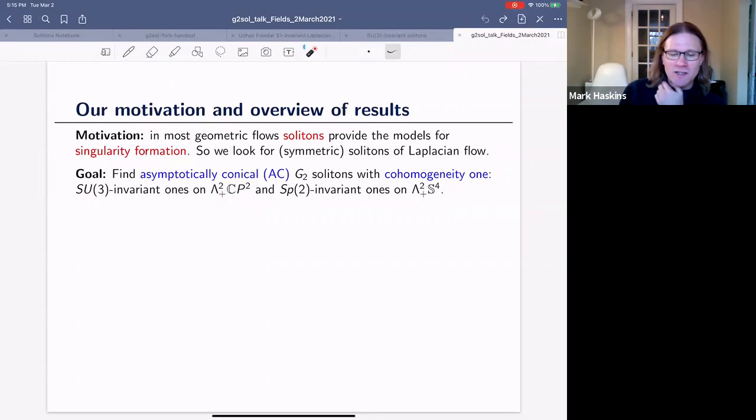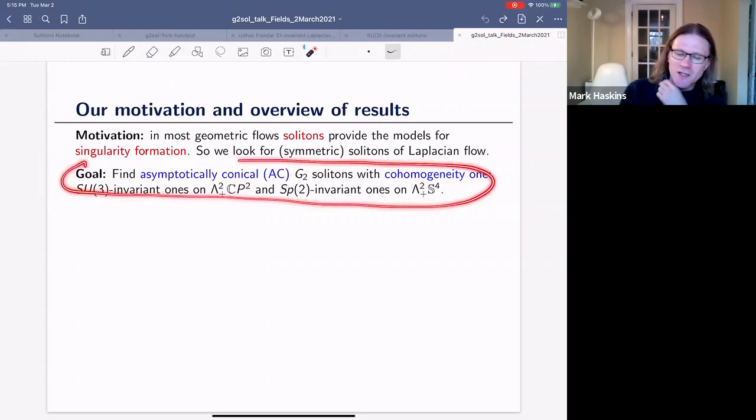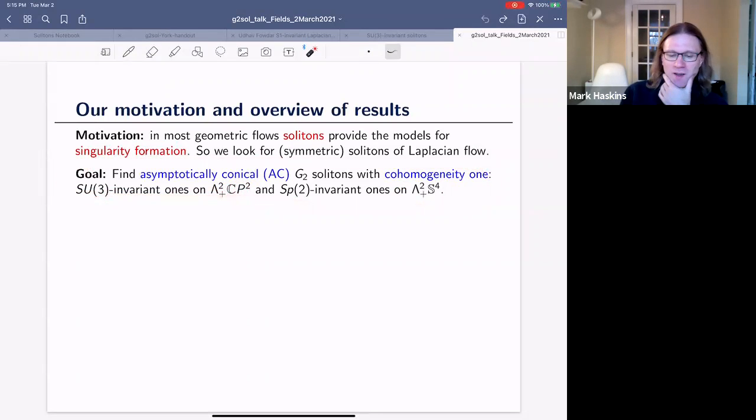So our goal is to try to find solitons with this symmetry on this topology. So this is a rank 3 bundle over CP2 and a rank 3 bundle over S4 with a certain symmetry. And in some sense, we can find things that are deforming away from a torsion-free one.